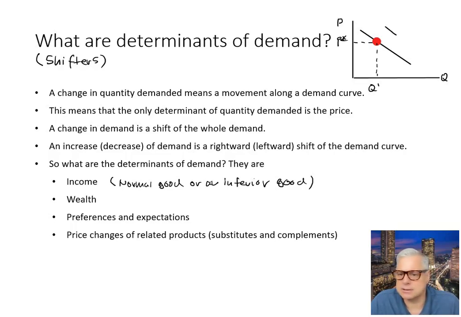But because you get richer, at the given price you start consuming more, and you increase your quantity demanded from Q1 to Q2. So that was an increase in demand as a result of an income increase, and as we will later see, that implies that the good under consideration is a normal good. The same with wealth, and then we can talk about preferences and expectations.